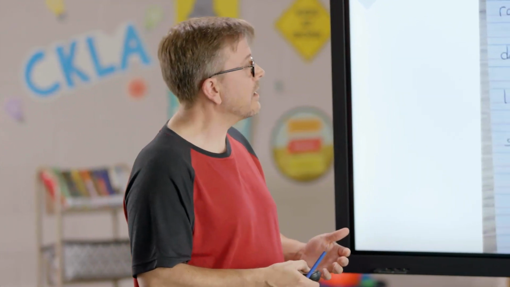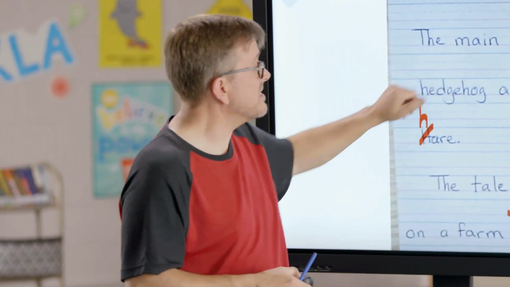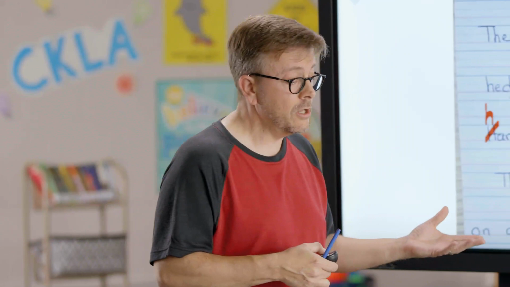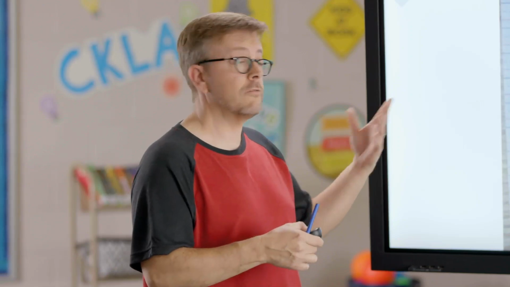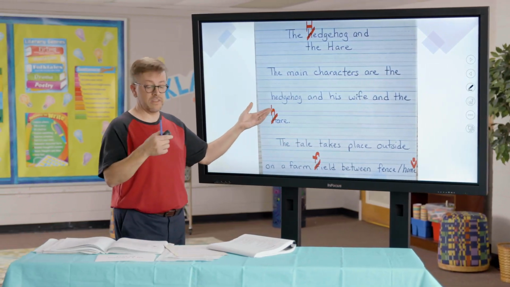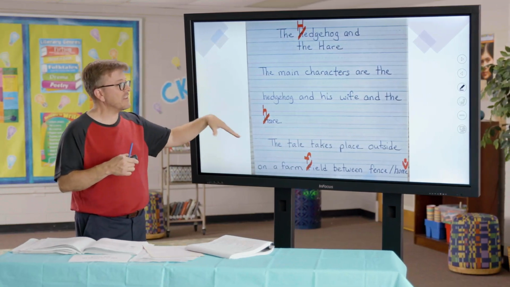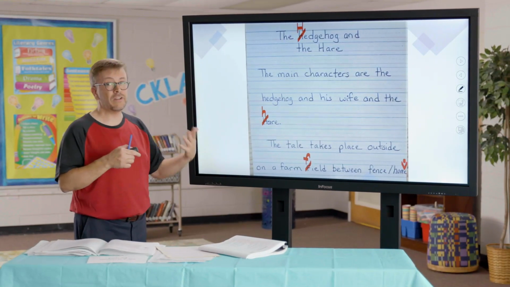So if I go back and look at the beginning of this story, we've already discussed the fact that in her first paragraph she did include the named characters, but she really did not give a good description of what the characters looked like or what they were feeling during the race or during the story. There was nothing like that in this first paragraph. "The tale takes place outside of the farm field between fence and home."